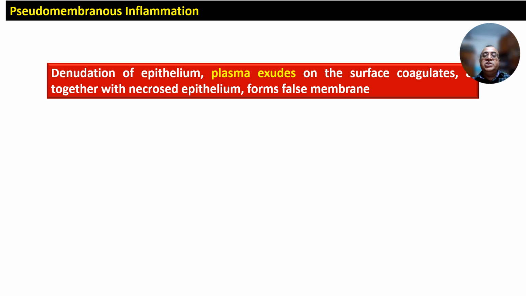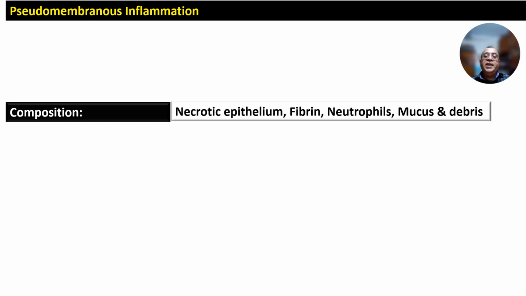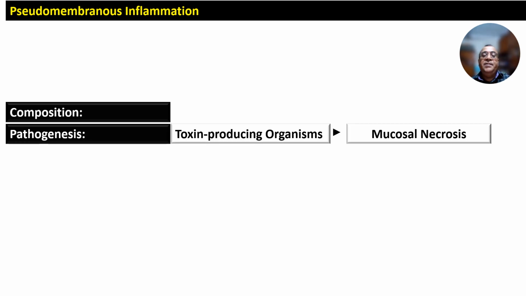There is denudation of the epithelium, plasma exudes on the surface, and overhead it coagulates, and together with necrosed epithelium, the coagulum of the plasma forms a false membrane. So the false membrane is composed of necrotic epithelium, fibrin, neutrophils, mucus and debris.